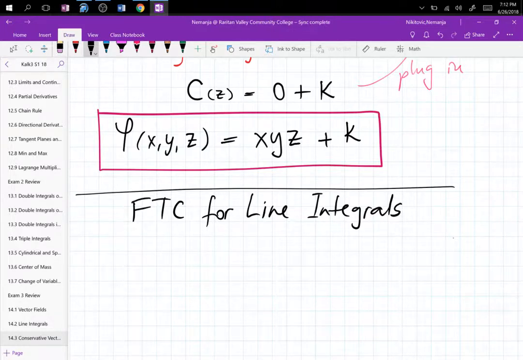Both sections 14.3 and tomorrow's 14.4 are actually quality of life sections, where if certain conditions are met, you can use the shortcuts from those sections.